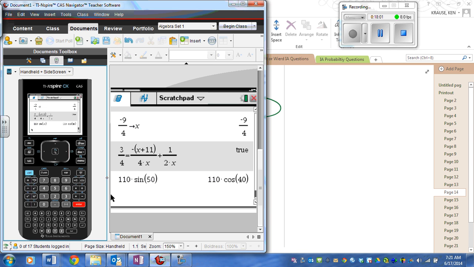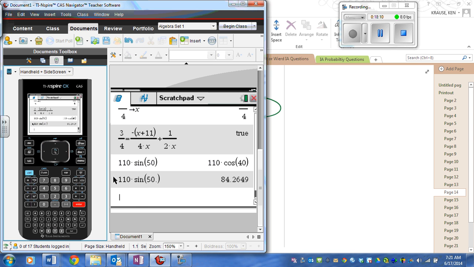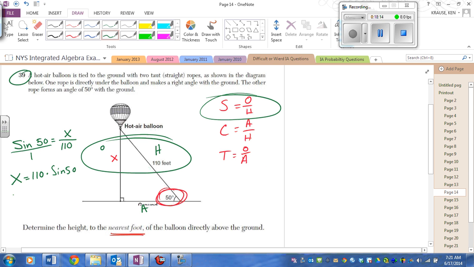Oh, this stupid calculator, I don't know why it does that. I have to put in this 50.0 for it to work. Okay, 84.2649. X equals 84.2649 to the nearest foot. So X equals 84 feet.